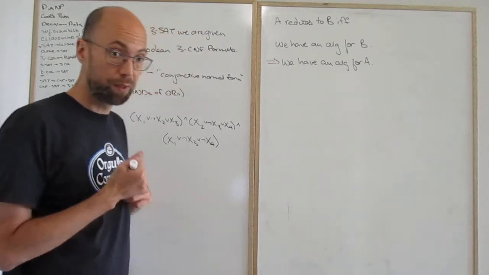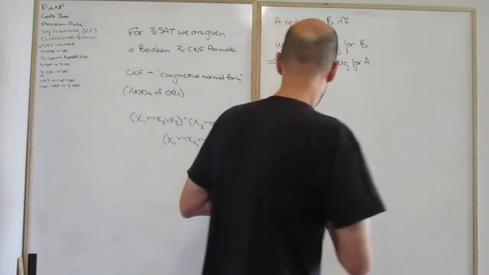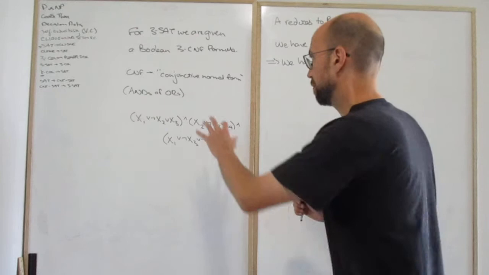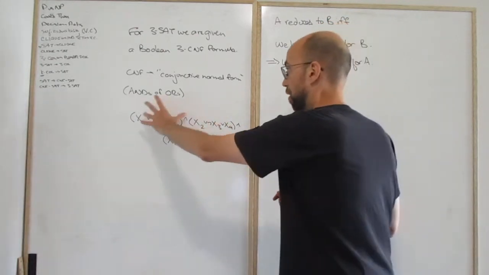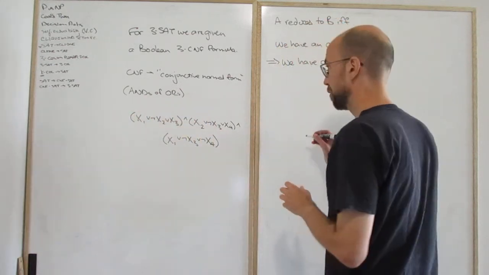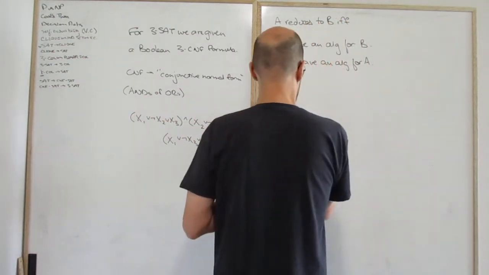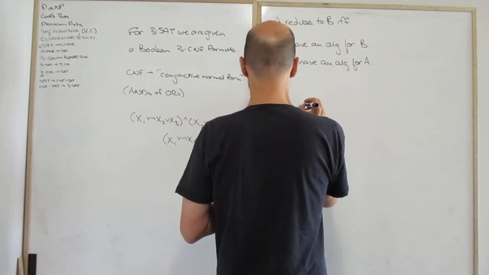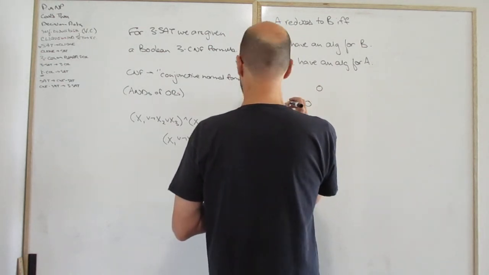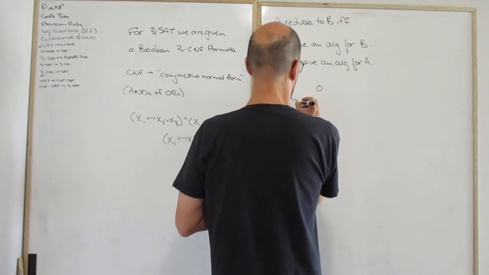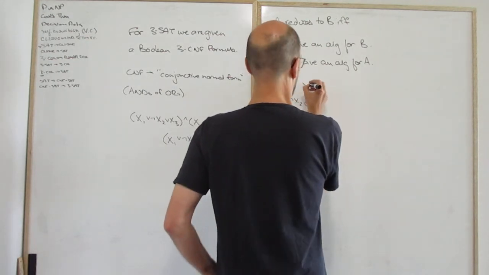So what we do is we draw a graph. How do we draw the graph? For each clause, we draw a set of vertices. So this is going to be x1, not x2, or x3.